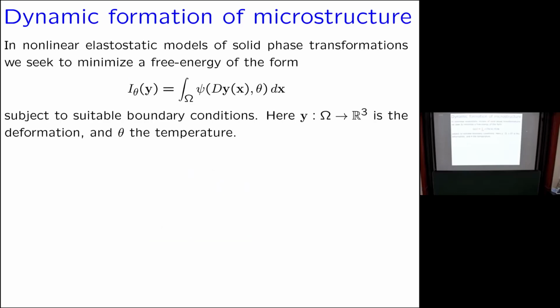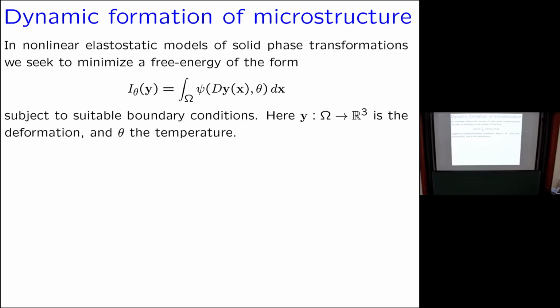Many of you will be familiar with these elasticity models of solid phase transformations, where you have a functional that depends on the deformation of a material from some region in R3 to R3, so that's a vector y, and the energy is a non-linear elasticity model.